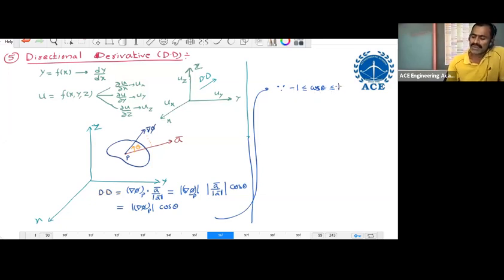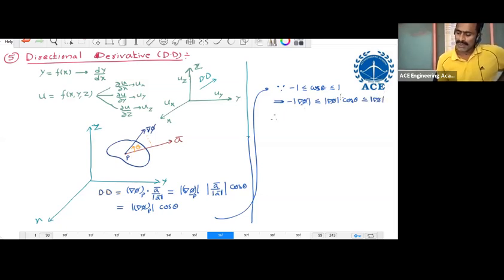And this maximum value 1 occurs when theta equals 0. With these maximum and minimum values of cos, we can write the maximum and minimum values of this directional derivative only. Here we require the modulus of del phi, which implies minus modulus of del phi is less than or equal to modulus of del phi into cos theta, which is less than or equal to modulus of del phi.